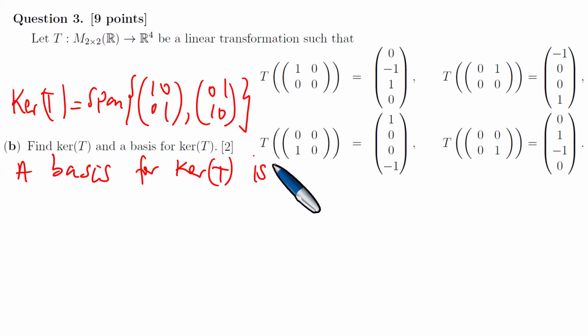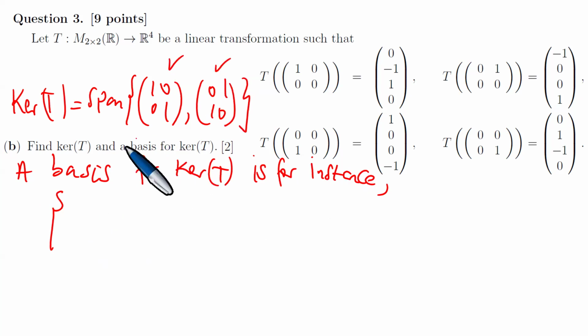A basis for the kernel of T is, for instance, okay, we can write many bases. Normally the bases are many, but it doesn't matter. At this point, you can just take these here, but we need to check for linear independence. In principle, we need to check that these are linearly independent from the span, and it is easy to check that.